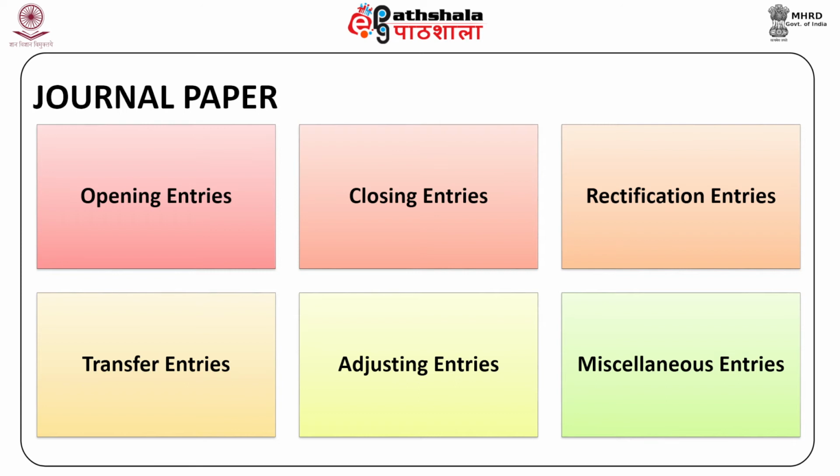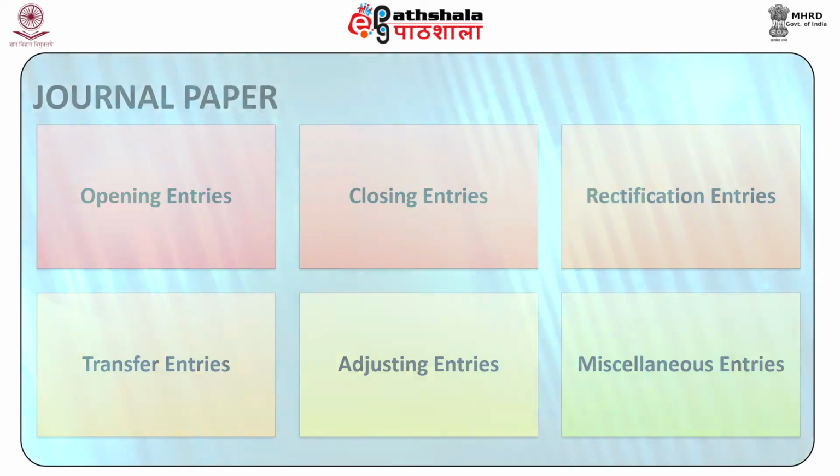These are dishonor of bills of exchange, credit purchase of things other than goods like furniture, machinery, etc., debtors written off as bad debt, transfer of profit to capital account, and loss of goods by fire, etc.